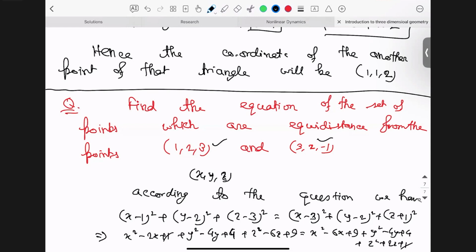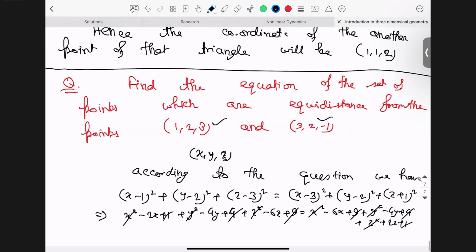Now this 1 gets cancelled, 4 gets cancelled, 9 gets cancelled. x square, y square, z square on both sides get cancelled. Only left with what?